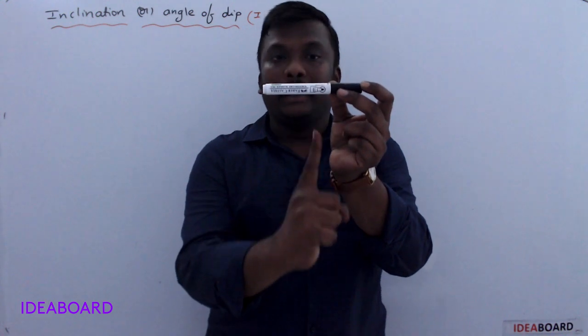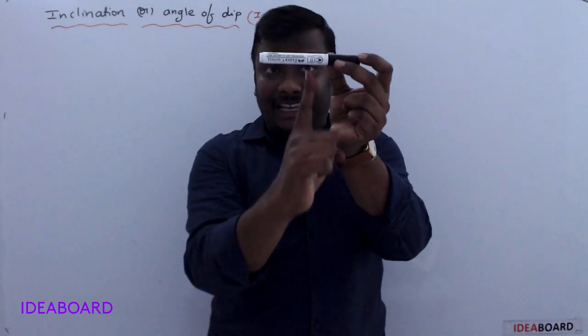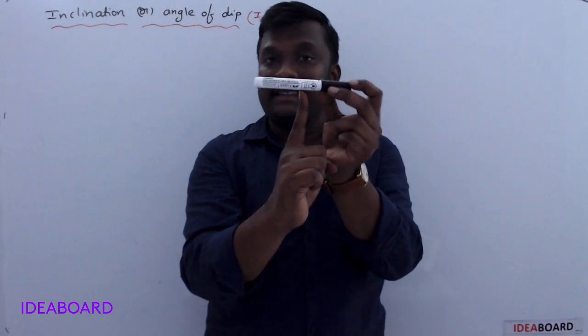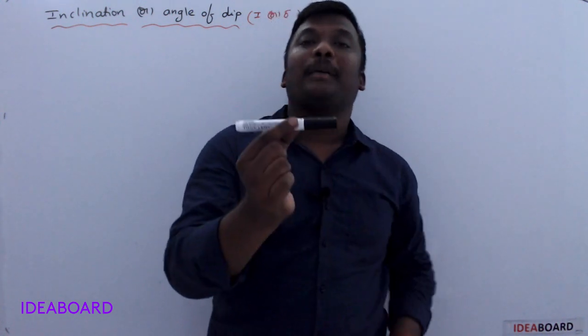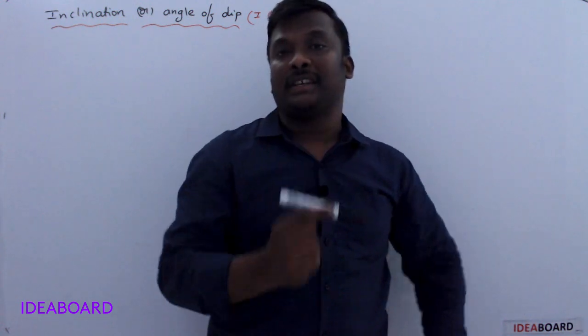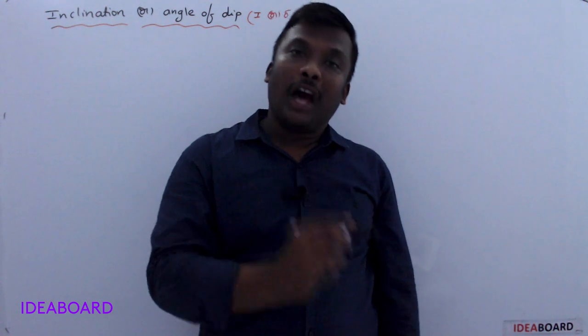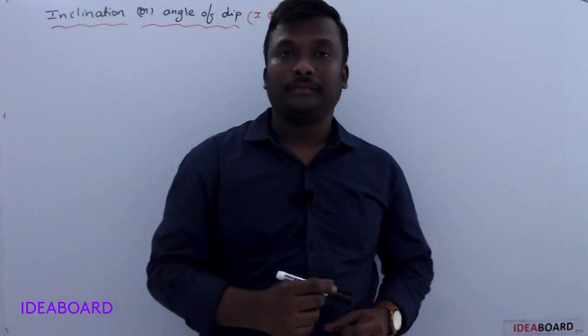If you take a pivot on a vertical axis, and the needle rotates freely about this vertical axis, then this compass needle always comes to rest in the magnetic meridian and shows the magnetic north pole and south pole.